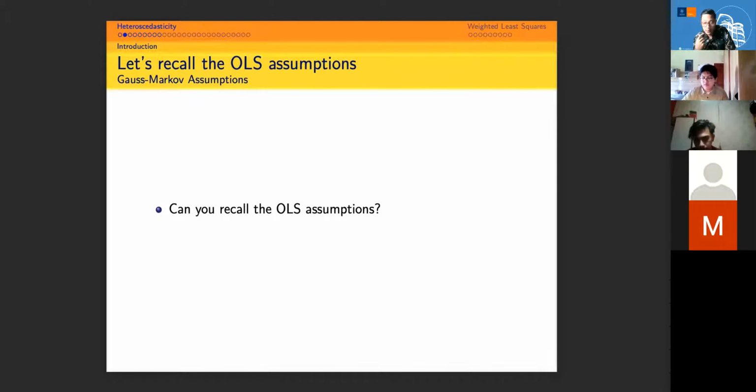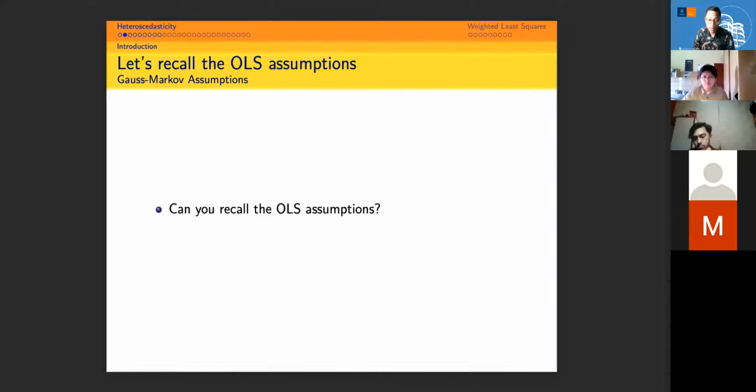And then the fifth assumption, which is going to be our focus of discussion today, is homoscedasticity. Of course, if you want to go further, there's an additional assumption, which is the normality of the error terms. The normality of the error terms will guarantee that we're going to be able to conduct hypothesis testing. So that's the OLS assumptions.